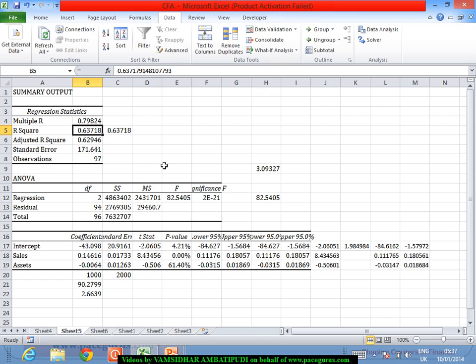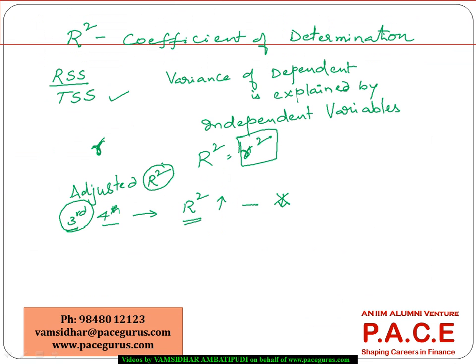So what we are saying is, even though the new variable does not have any kind of impact, the r squared will keep increasing. At the max it may not change, but it will never come down.